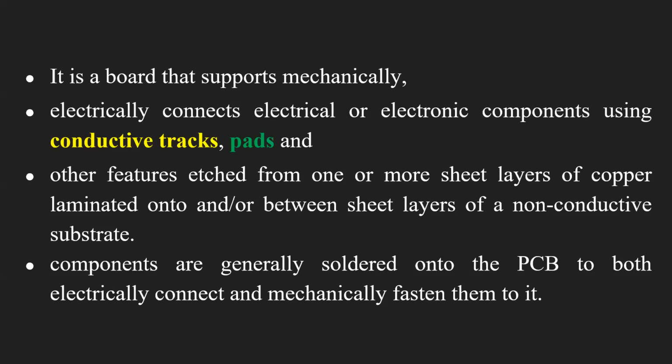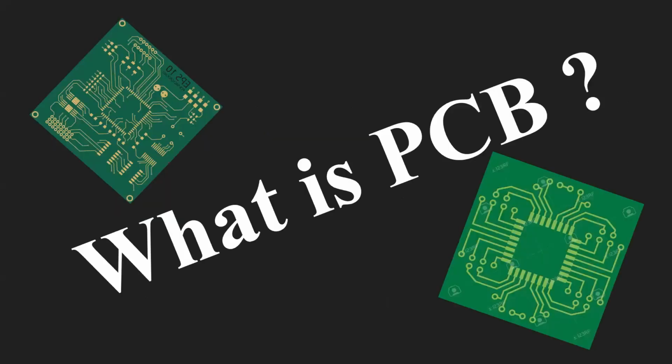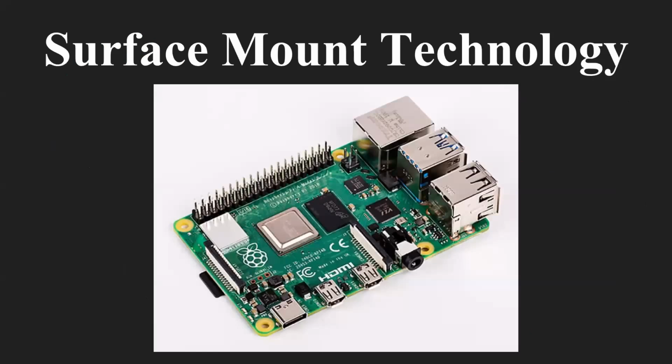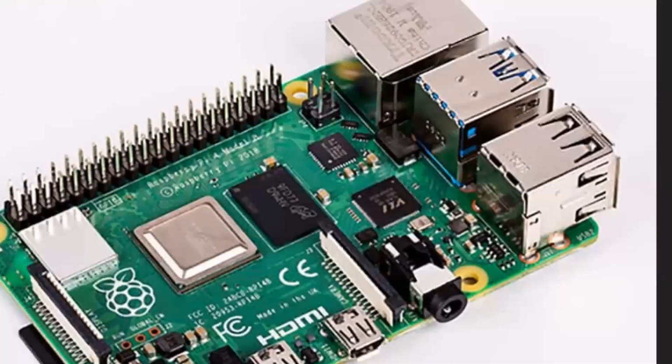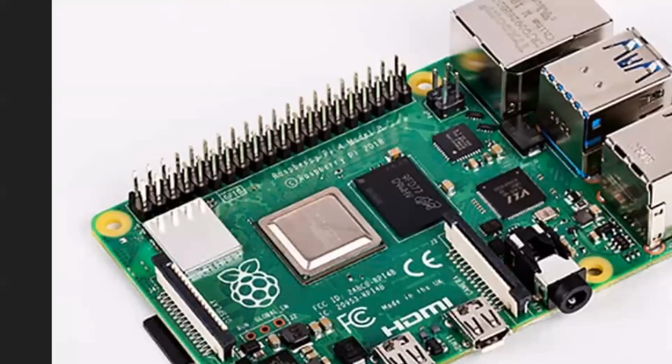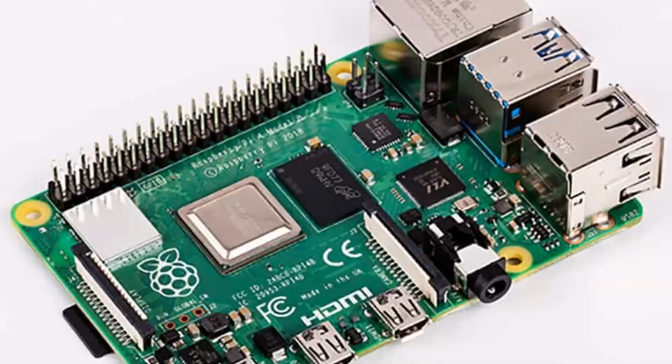So on the PCB, like I've shown in this picture, this IC is connected in two ways. It has the mechanical support as well as the electrical connection. Mechanical support means this IC cannot be displaced after the connection.